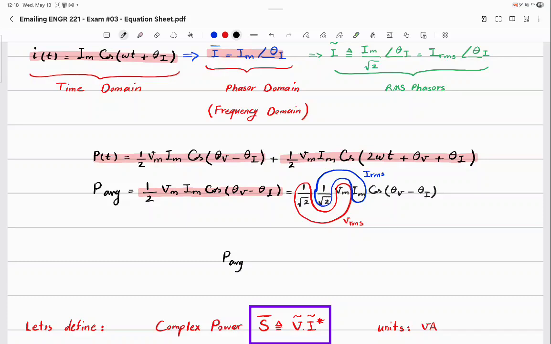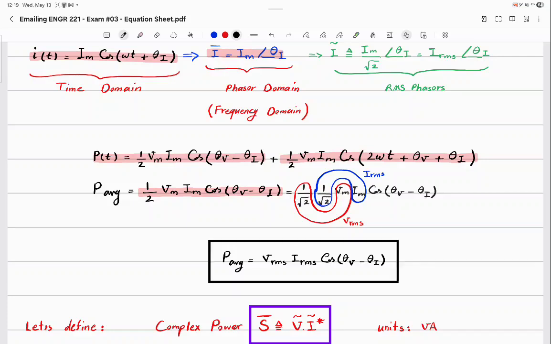P average is equal to V RMS, I RMS, cosine of theta V minus theta I. So very similar to the equation that we had, but instead of using 1/2 and the amplitudes, I'm dropping the 1/2 and I'm using RMS values, okay?